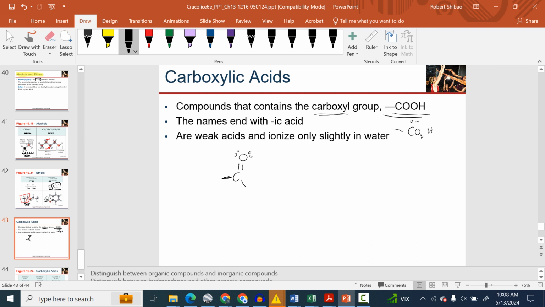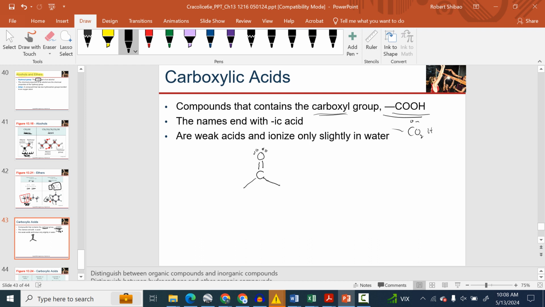Actually, let me try to draw it a little bit more accurately, since I was giving you guys grief on your drawings. So we got 3 groups, and those 3 groups will want to be at 120 degree angles relative to one another.